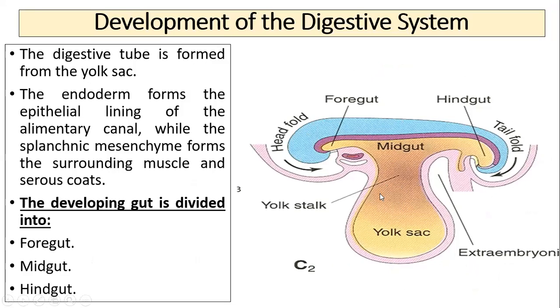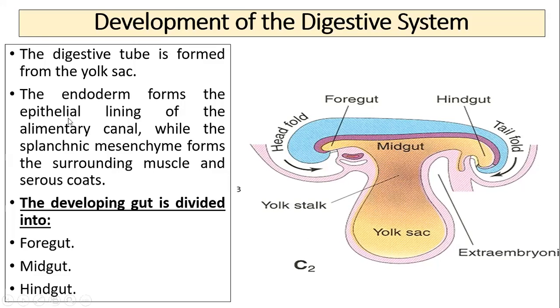Initially, the yolk sac will be large, but with the head folding and the tail folding, this yolk sac becomes smaller and smaller, and this becomes the yolk stalk, and a part of the yolk sac incorporated into the folding embryo will form the gut. So the digestive tube is formed from the yolk sac. The yolk sac which remains inside will form the GIS, that is the gastrointestinal system or the digestive system.